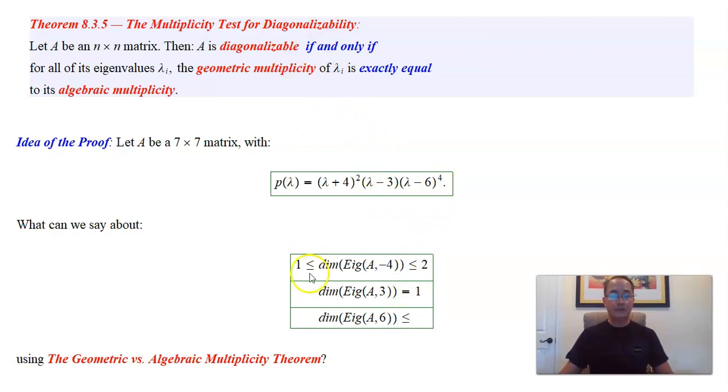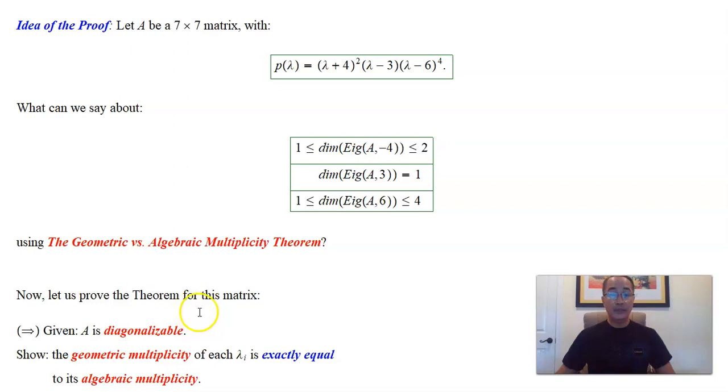So that is less than or equal to 4. And of course, it is at least 1-dimensional. Okay. So at this point, that's all that we can say about this 7 by 7 matrix if this is its characteristic polynomial.